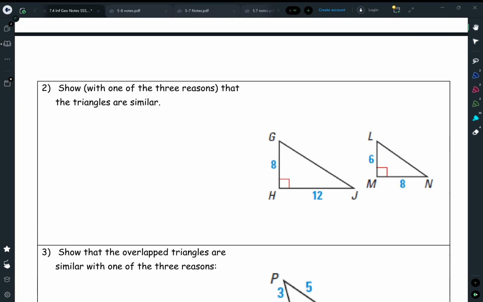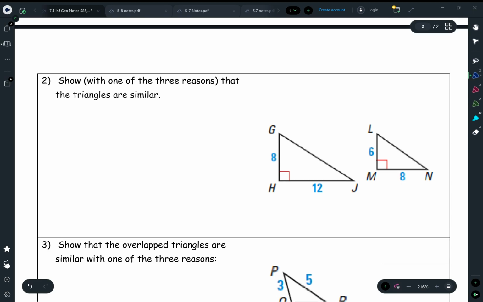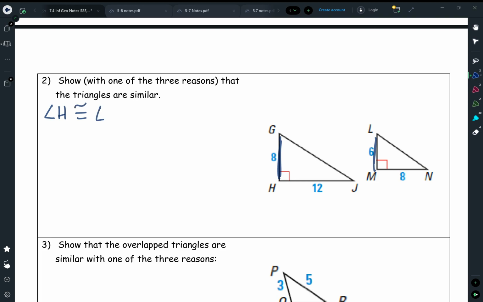All right, for the second one, I can see I've got a side here, my side that's 8, and I do have an angle that's congruent. I know that angle H is congruent to angle M, and then I have sides to investigate, HJ and MN. So I need to see if they have the same ratio.